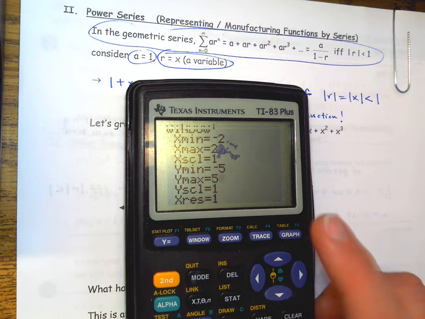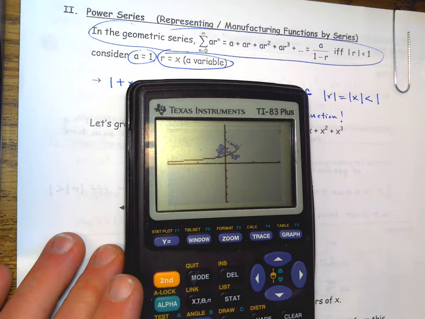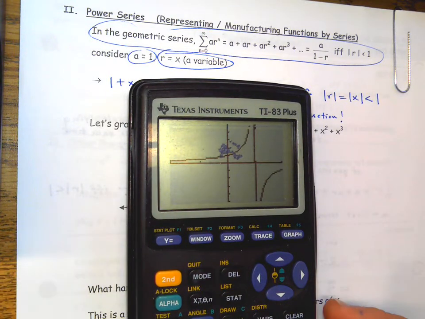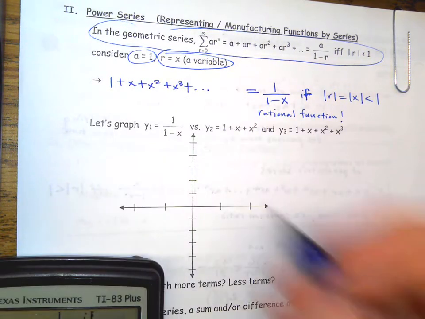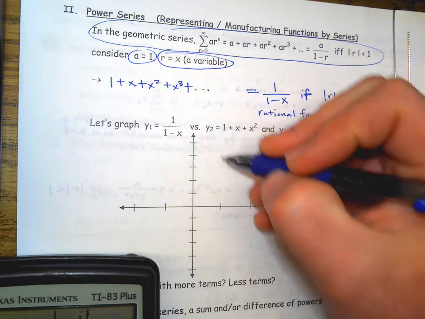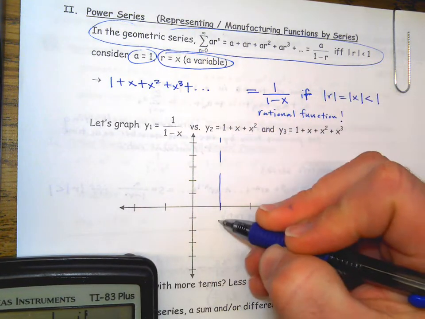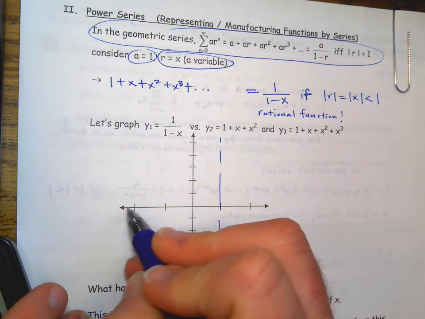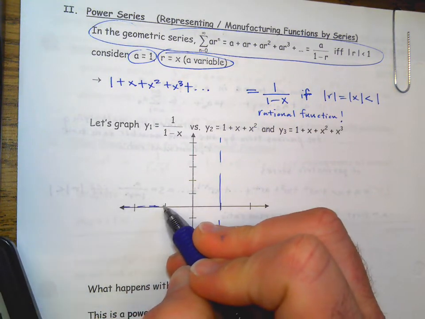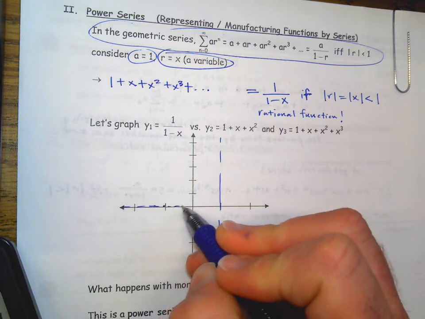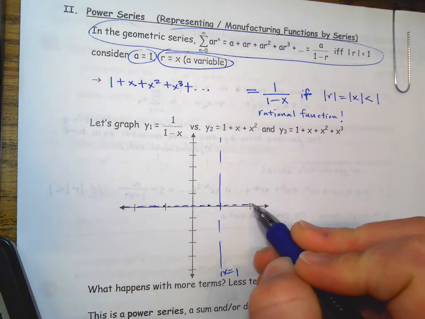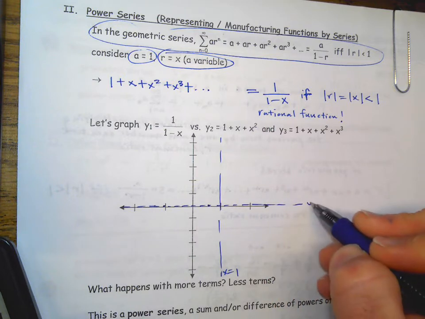So that looks like a typical graph. It has a vertical asymptote at x equals 1, right? It has a horizontal asymptote at y equals 0. As x gets bigger, it goes to 0.